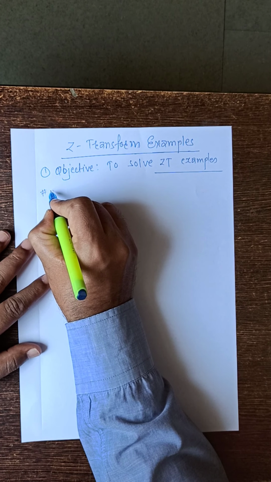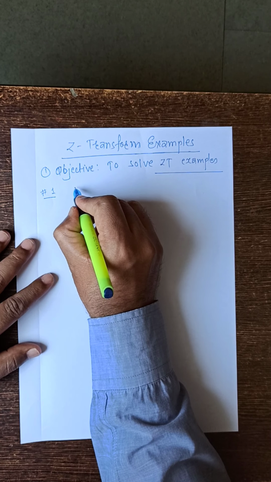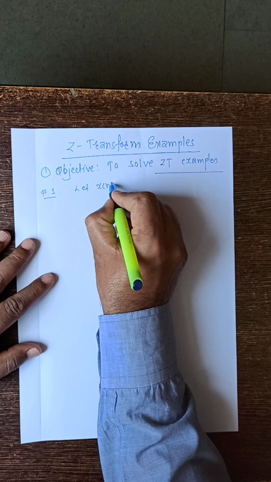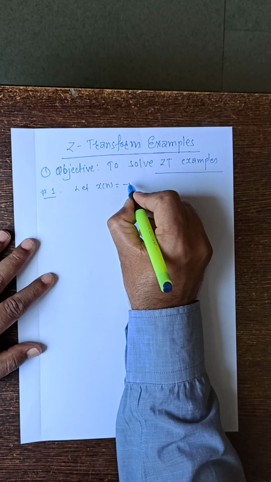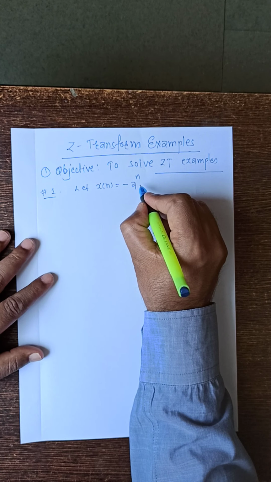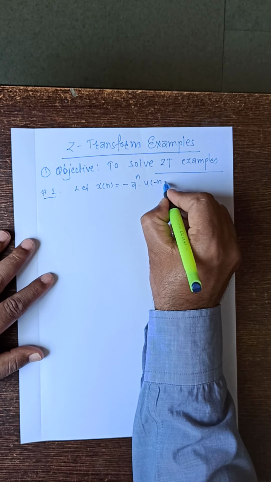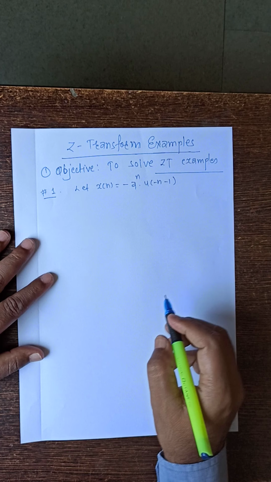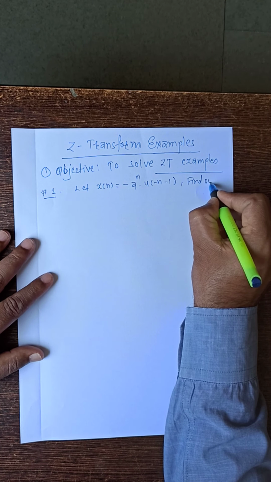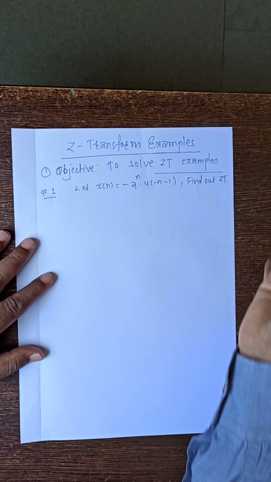So directly we'll start with example number 1, where let x of n, that is the DT signal, be given by minus a raised to n into u of minus n minus 1, and we have to find out its Z transform.